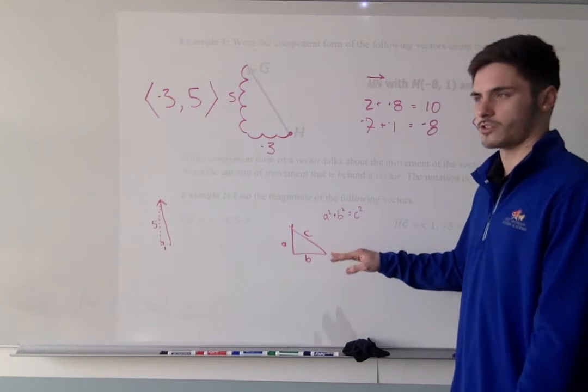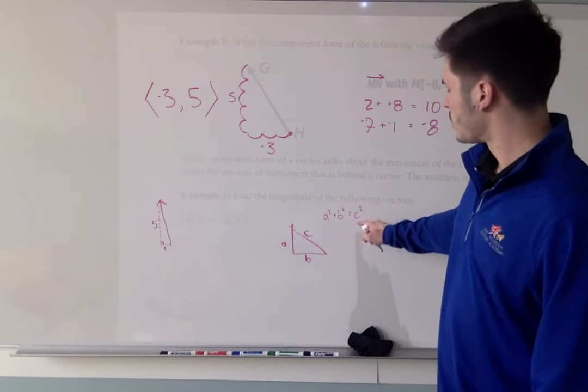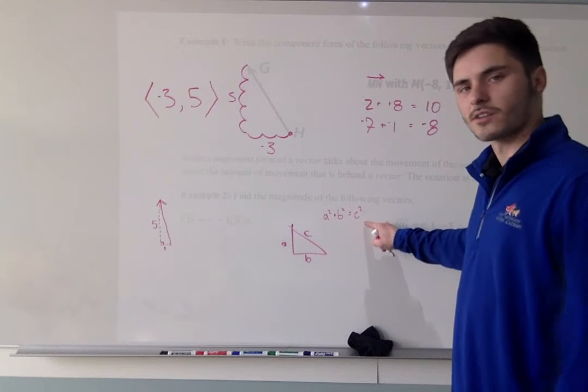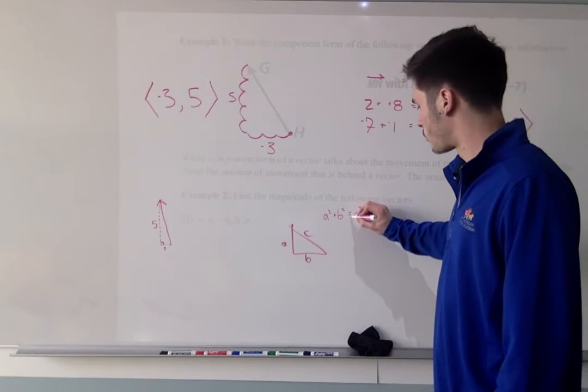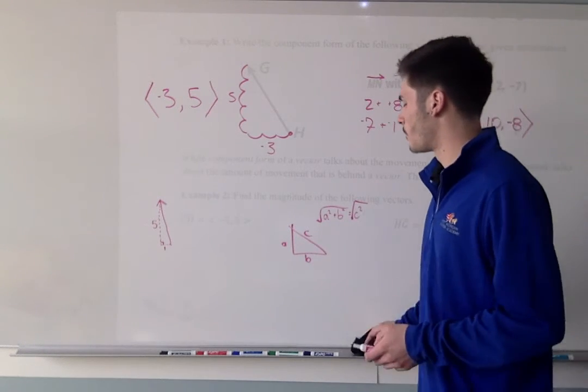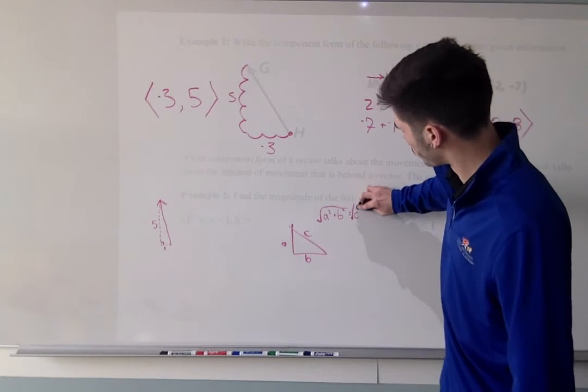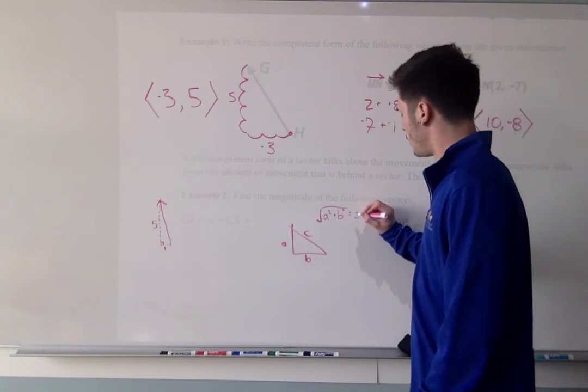You don't have to write this out, I'm just explaining this. Right? And so if we wanted C by itself, what we could do to this algebraic equation is take the square root of both sides. And we would end up with C equals the square root of A squared plus B squared. Just like that.